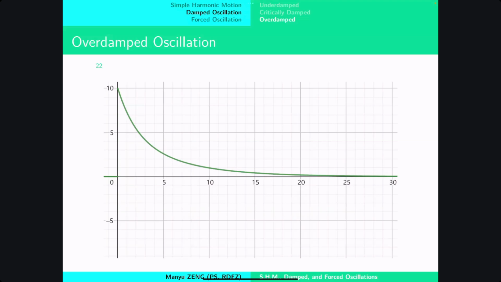But if I put it in some sticky thing like honey, if I put the pendulum in honey, it will be staying there for a very long time, and then it will start to fall. But when it starts to fall, it will experience a large resistive force, so it cannot move very fast.